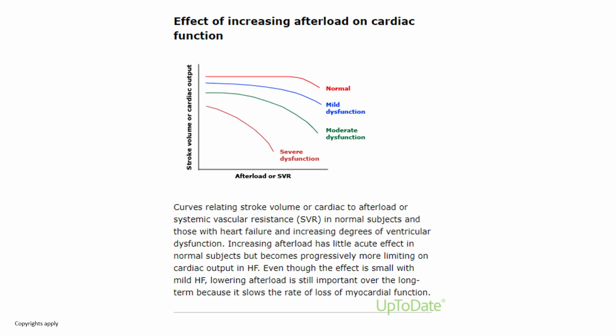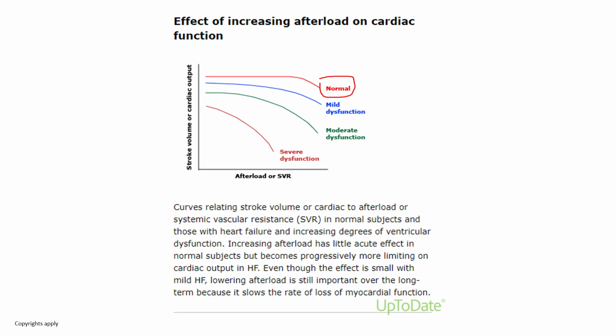This graph from UpToDate actually depicts afterload or systemic vascular resistance on the x-axis and stroke volume or cardiac output on the y-axis. It shows how increasing afterload has little acute effect on the normal subjects represented in the top red line.